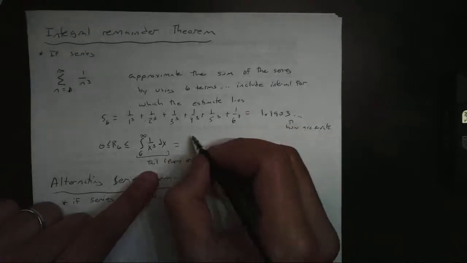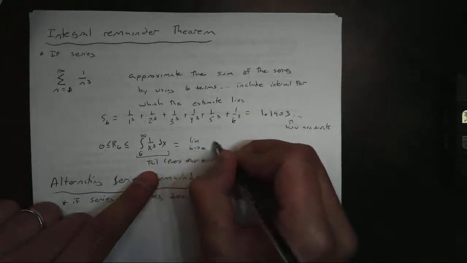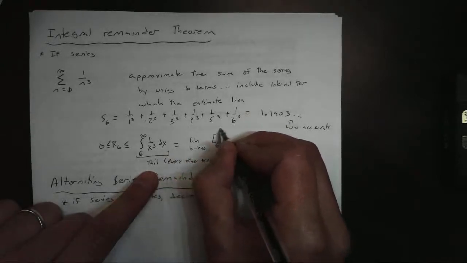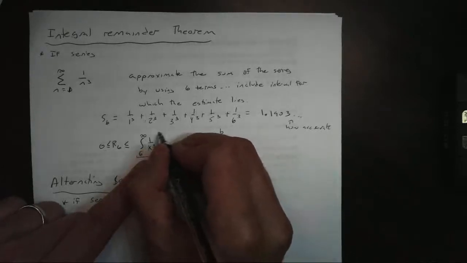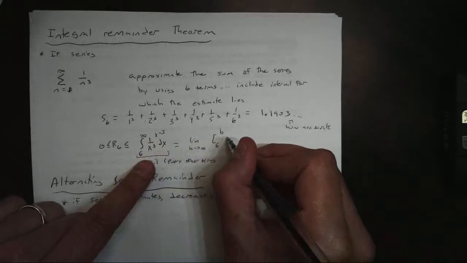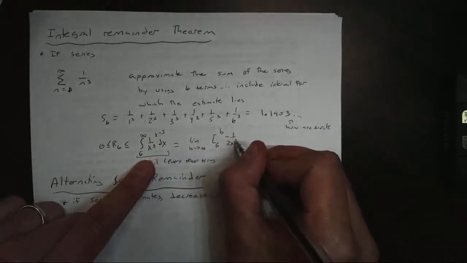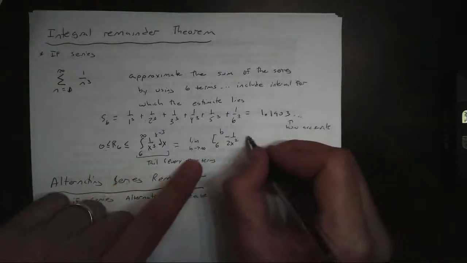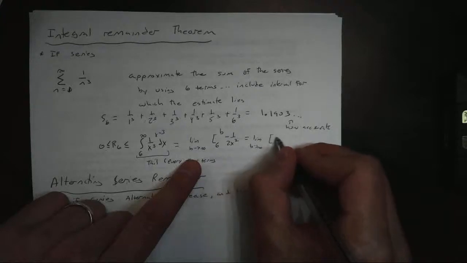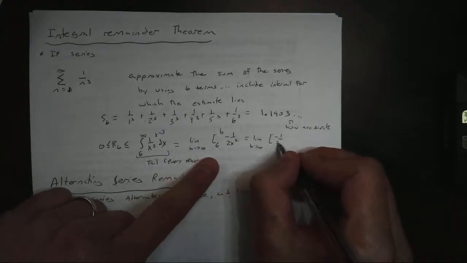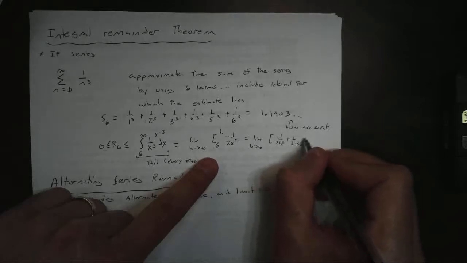We would solve that by using limits, of course: the limit as b goes to infinity of the integral from 6 to b. If I integrate this, x to the negative third becomes negative 1 over 2x squared. Solving, the limit as b goes to infinity gives negative 1 over 2b squared plus 1 over 2 times 36.